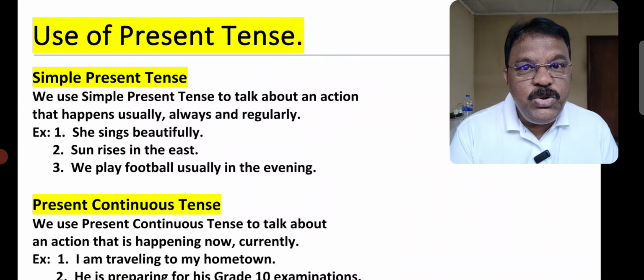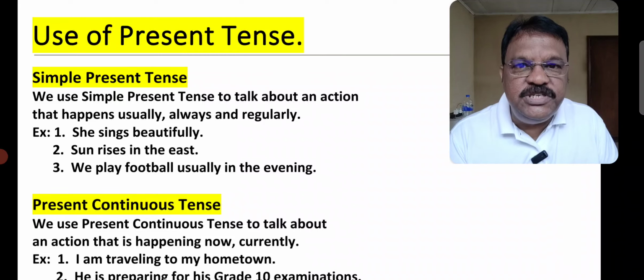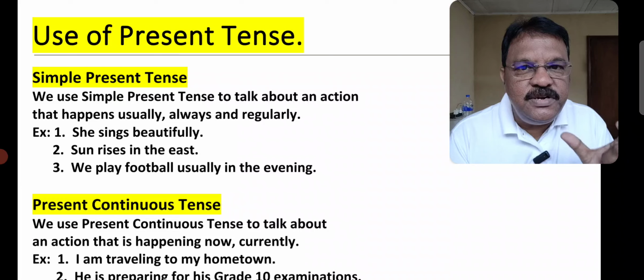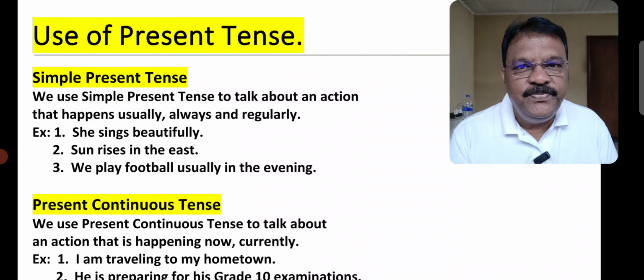Will it happen tomorrow in the west? What do you say? The rising of the sun in the east happens every day, right? So it's an usual activity. So whenever we talk about any usual activity, we have to use simple present tense verbs.